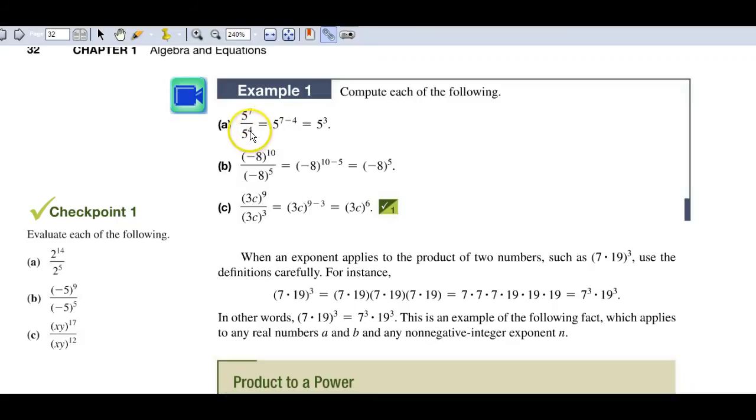So again, we're going to bring the 4 up across the division bar, subtract it, 5 to the 3rd. Subtract the 5 from the 10, and get this in parentheses now. That's our base to the 5th power. And the same thing holds. If our base is the same, we just raise the exponent above the division bar, change its sign.